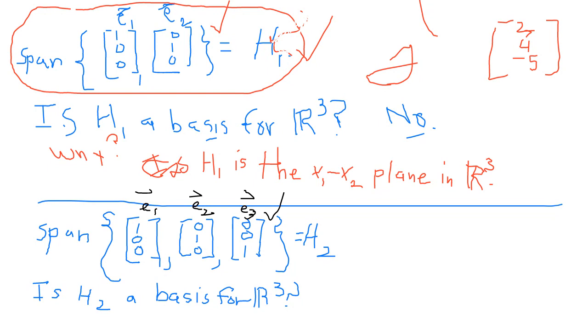All right. Well, can any vector in R3, in three-dimensional space, be written as a linear combination of E1, E2, and E3 vectors? Like 2, 4, negative 5. That's a vector in R3.